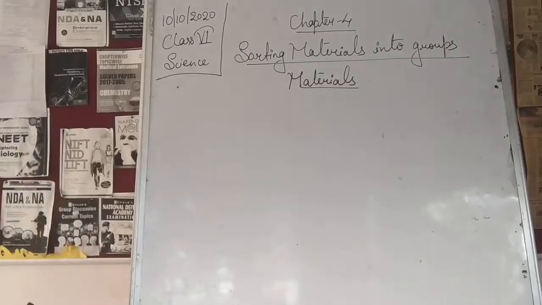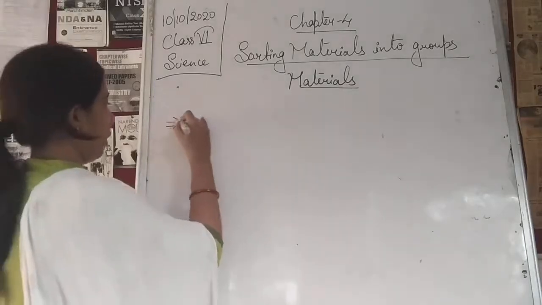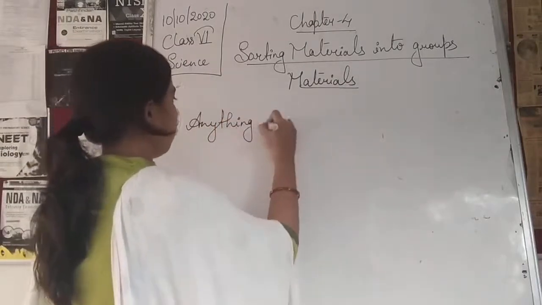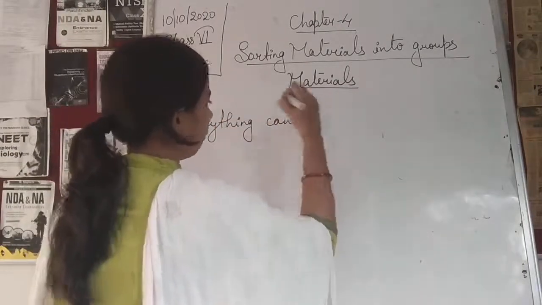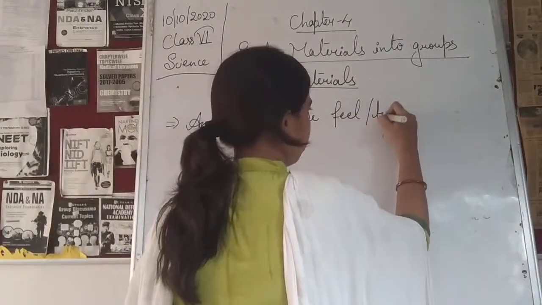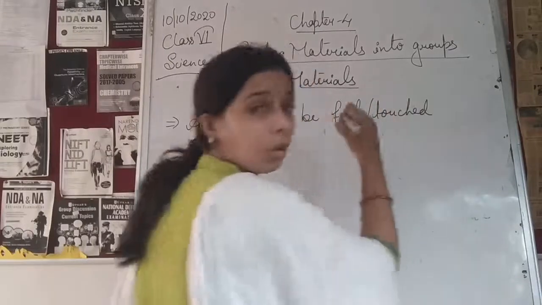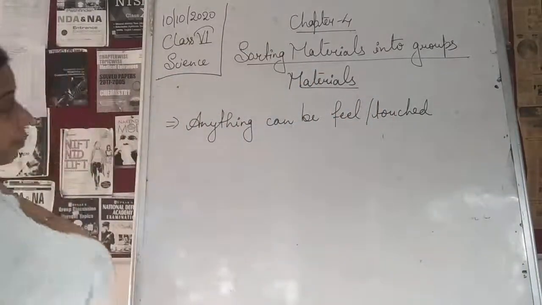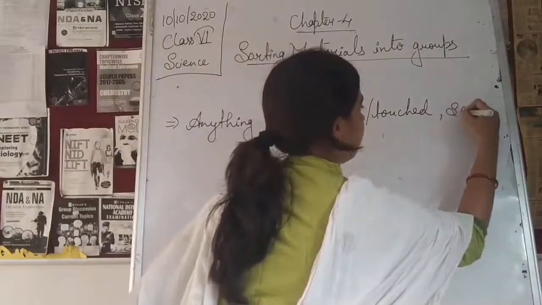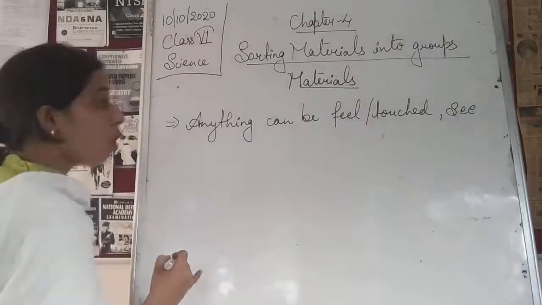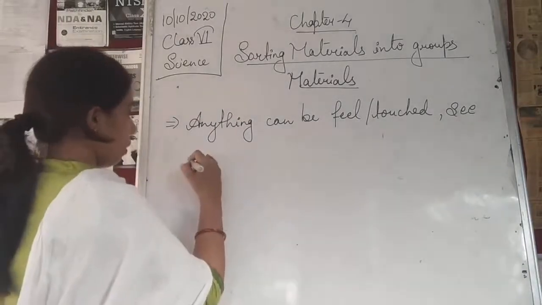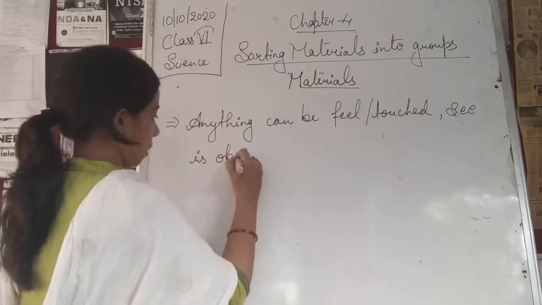So we can write that anything that can be felt or touched, or which we can see, is an object.